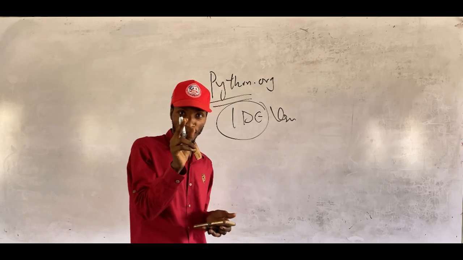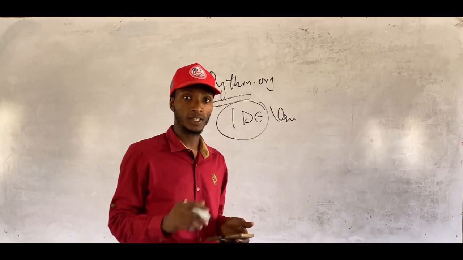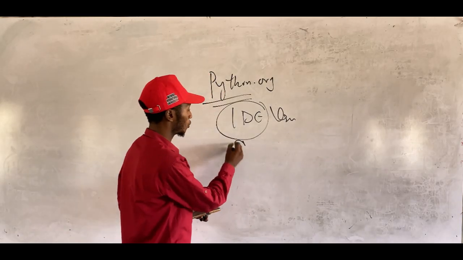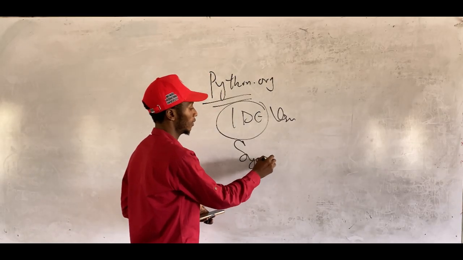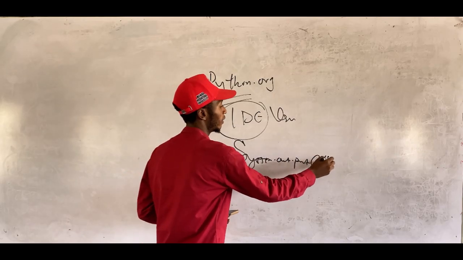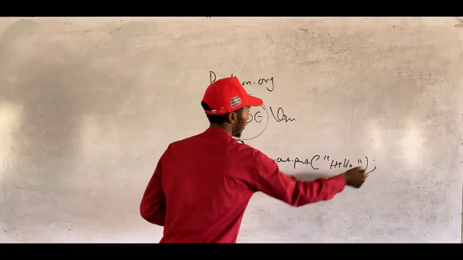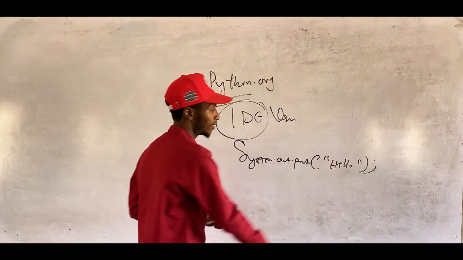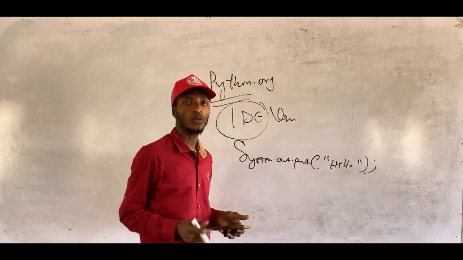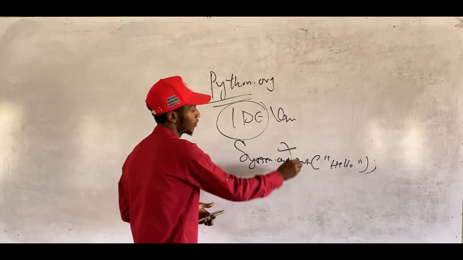Compared to other programming languages, if you remember your Java, if you want to output something on the screen, you have to write this long story: System.out.print, then whatever you want to print, and you have to end with this guy called a semicolon. But in the case of Python, you don't need this long story.